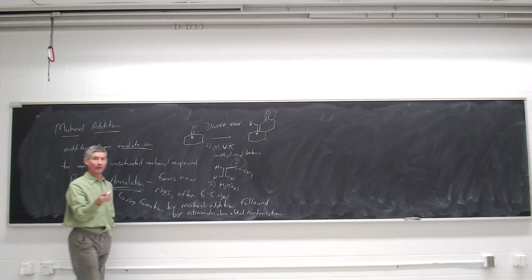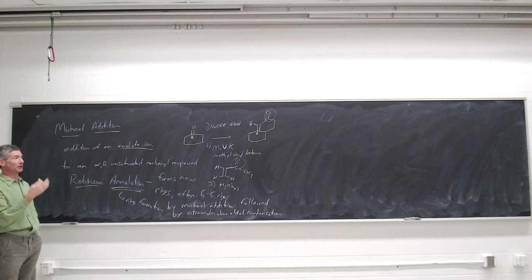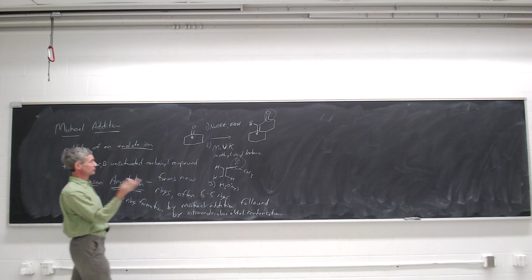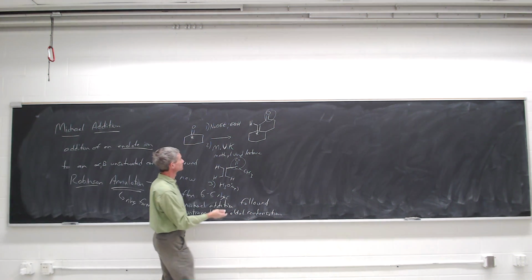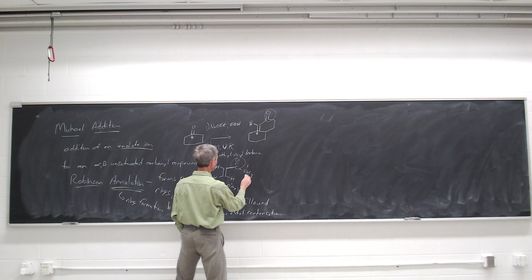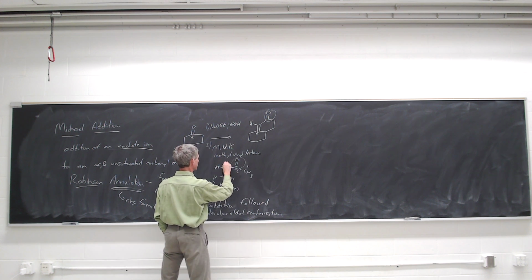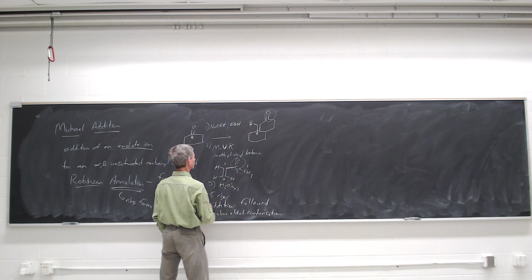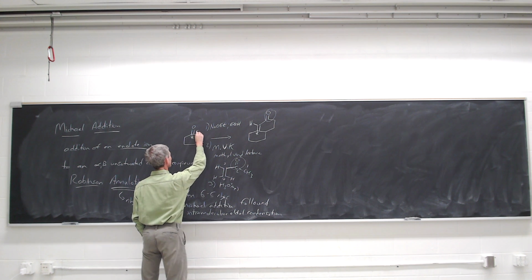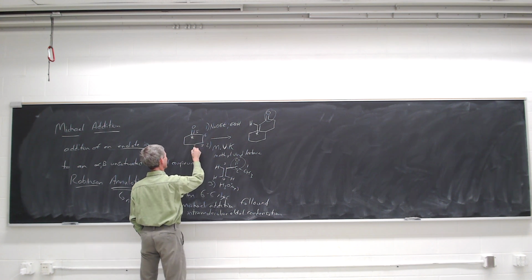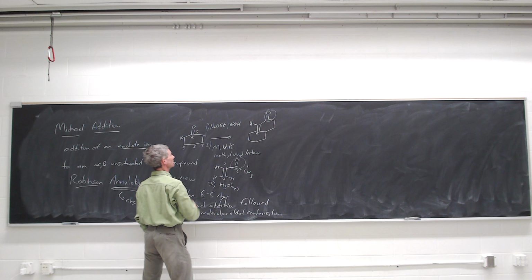So if I were to number the carbons in my starting material and in my product, which is often a good way to try to figure out what's happening, if I number this carbon 1, 2, 3, 4, and then number around this ring 5, 6, 7, 8, 9, 10.